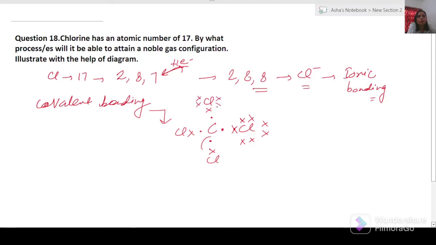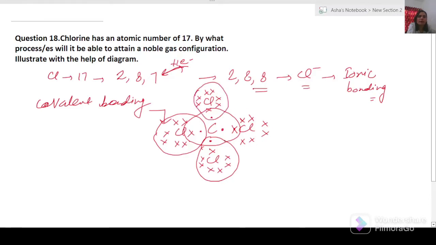This Cl can share 1 electron with the carbon, and carbon, 1, 2, 3, 4, takes 1 from the neighboring Cl, like this, right? Now this Cl will also complete its octet by sharing 1 electron with the carbon.